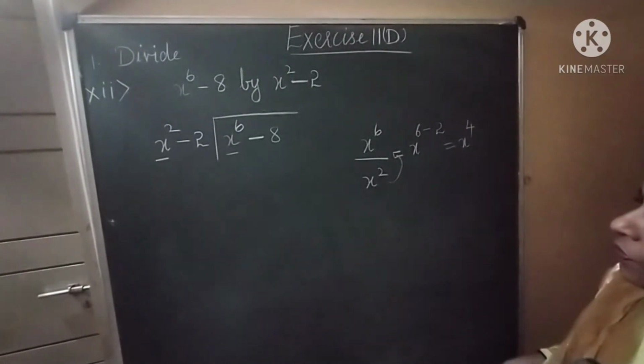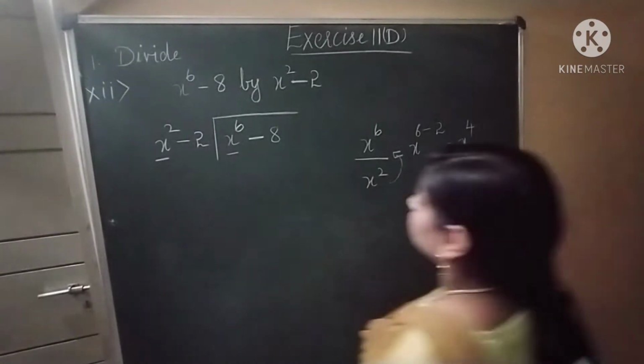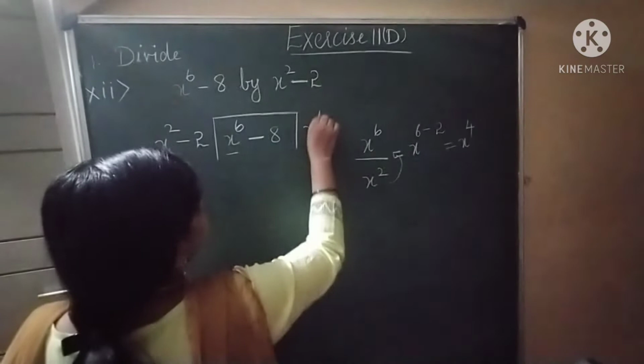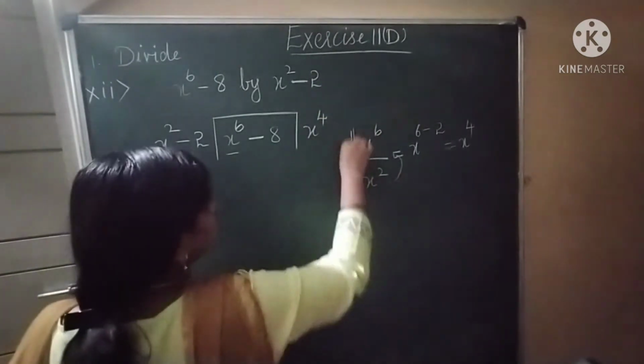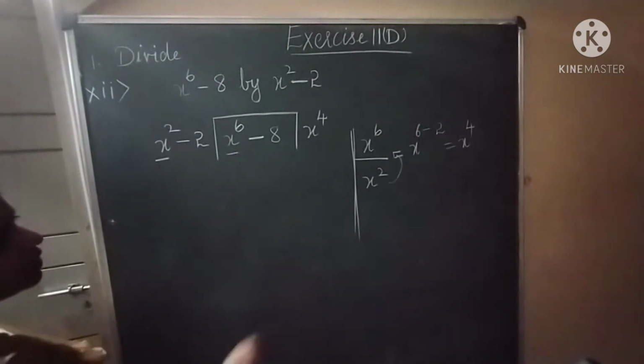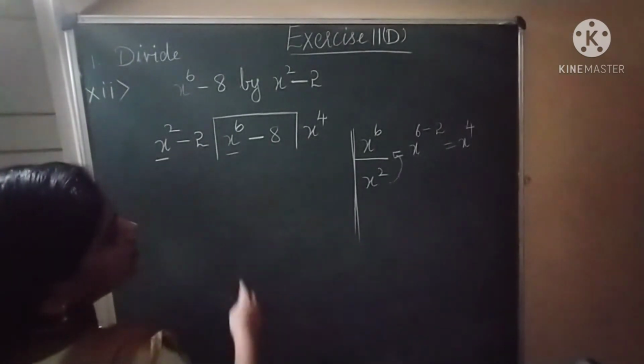Correct? Yes. So the quotient is x to the power of 4. You can write this in the working column. The first term of the quotient is x to the power of 4.